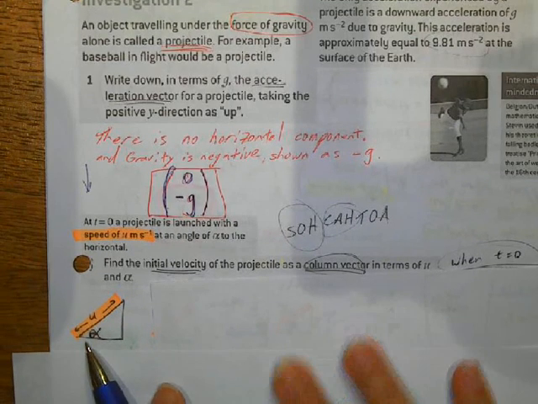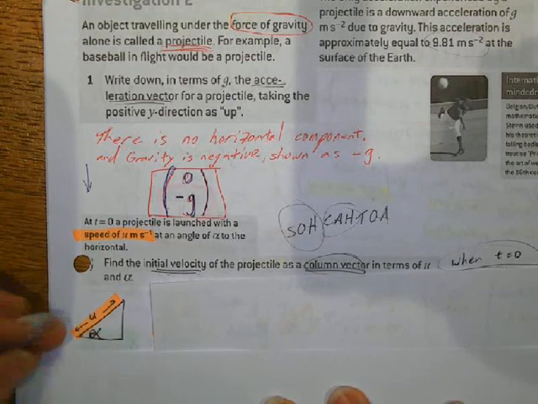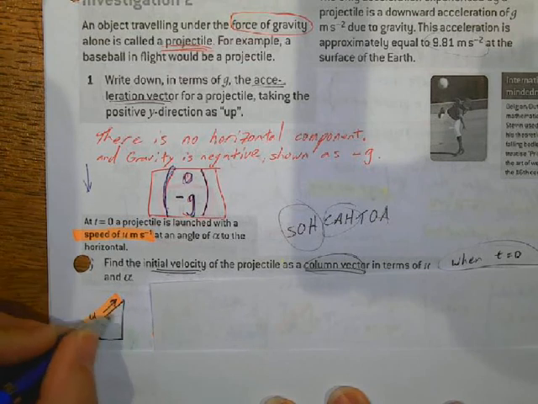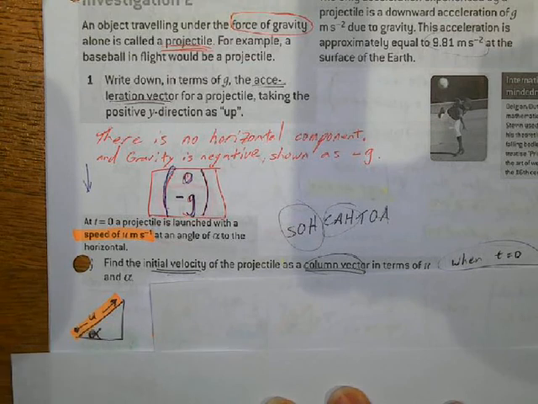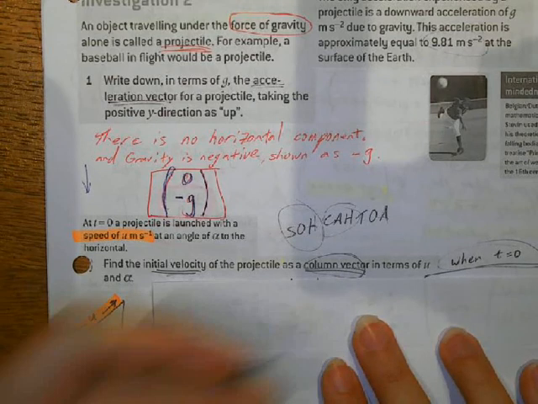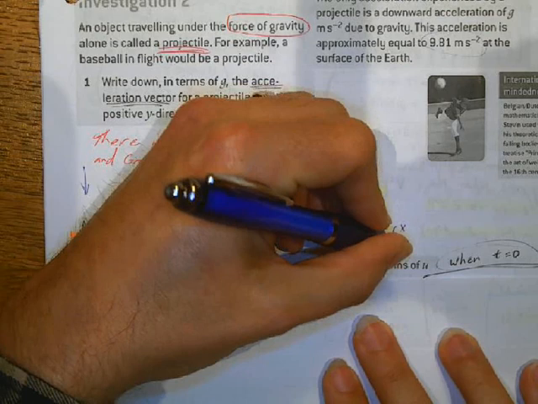I'm throwing something in this direction, u. The arrow should be pointing this way, at an angle alpha. So we're going to write a column vector. In our column vectors, we have our x value and our y value, right?